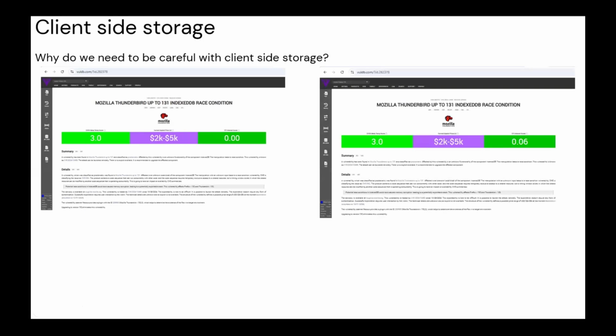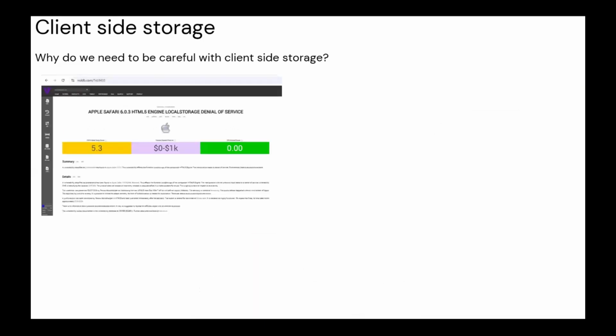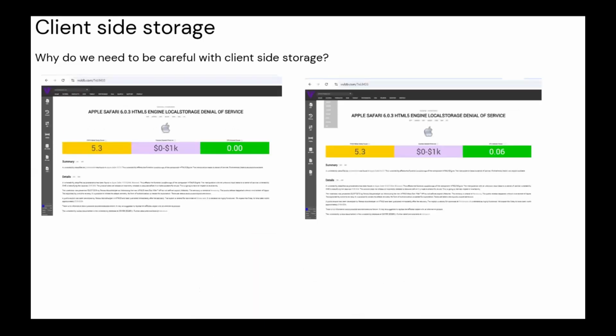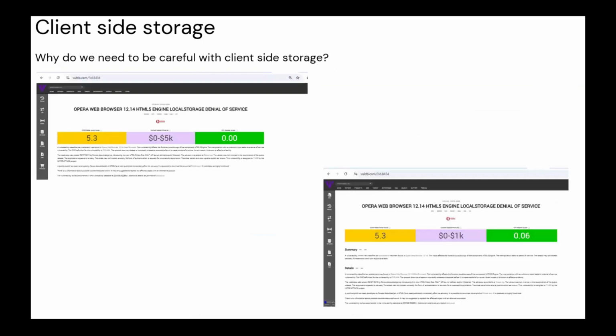If you notice the CTI score, it's the same vulnerability which I looked at at one point in time, and at the next point in time it has increased to 0.06, and then to 0.13, indicating an increase in interest by malicious actors in exploiting this vulnerability. It's not just for Mozilla Thunderbird. There is one for Apple Safari, and one for the Opera web browser.